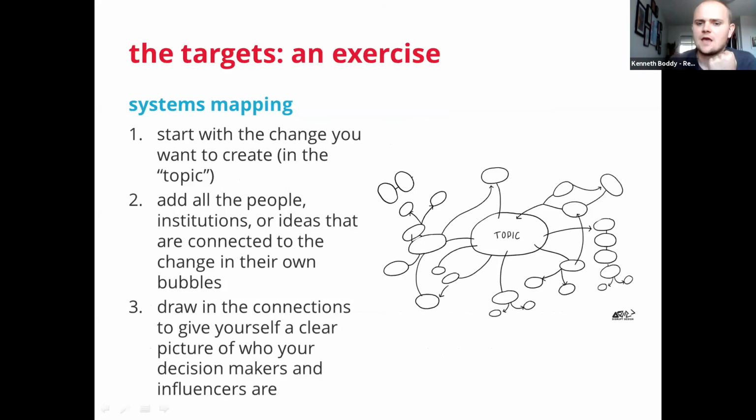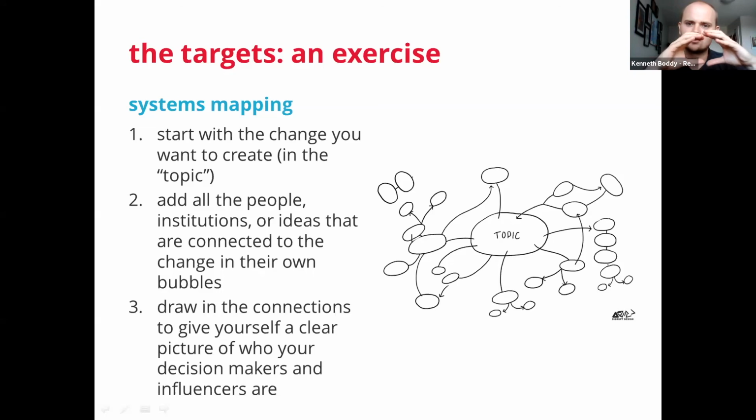So I'm going to present to you two exercises for ways that you can possibly try to do this. The first is creating a systems map. This is where you start with a topic or a change that you want to create. And then it's sort of like a mind mapping exercise, but without actually making the connections directly.